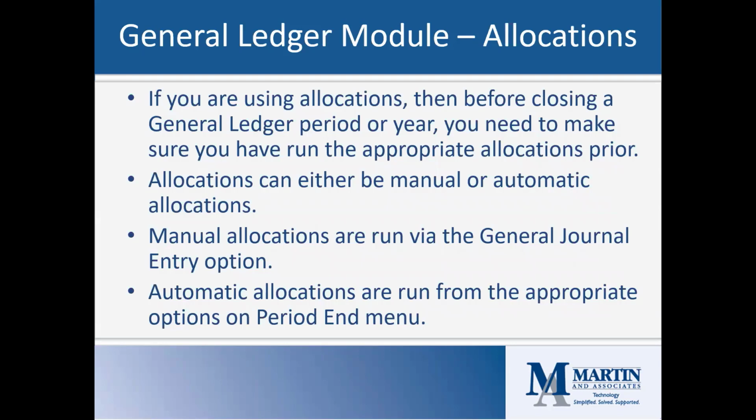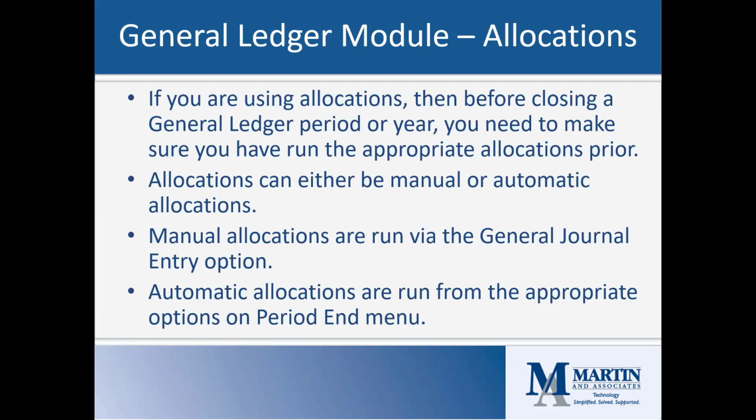Allocations, in general, so what allocations are, that's where you post things to like a summary account, and then later on you do what's called an allocation to distribute that from that summary account out to the detail accounts underneath of that summary account based on percentages, units, other GL accounts, whatever.